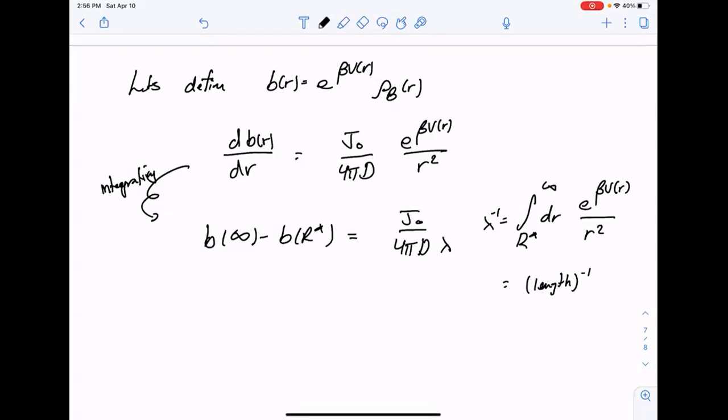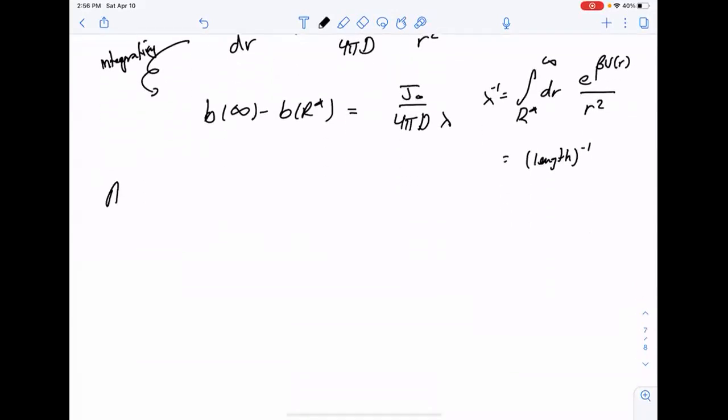And thus we denote it lambda inverse. So there's a new characteristic length scale that characterizes the scale over which the interaction potential changes, assuming that potential is finite range and bounded, such that V of R goes to 0 as R goes to infinity.